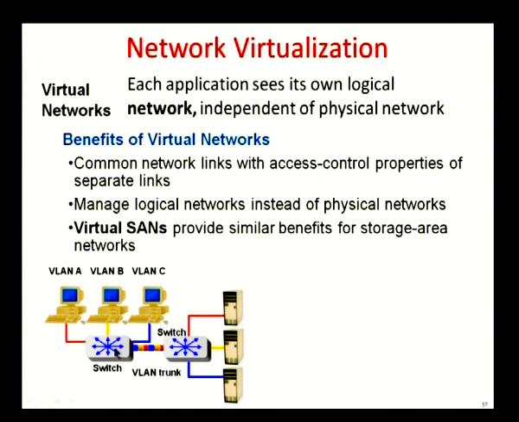Suppose you have one switch, it is possible to create multiple switches using network virtualization. Common network links with access control properties of the separate links are possible, and you can manage the logical networks instead of the physical networks, and we can have a virtual SAN, storage area network, that provides similar benefits for storage area networks. Here we call it a virtual network.